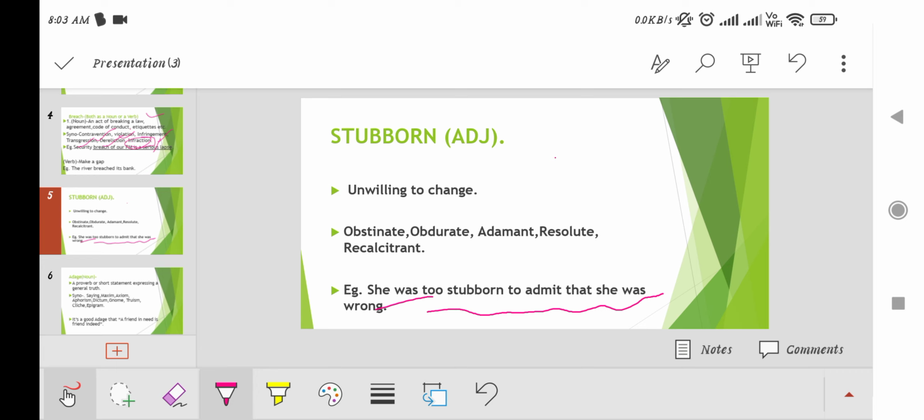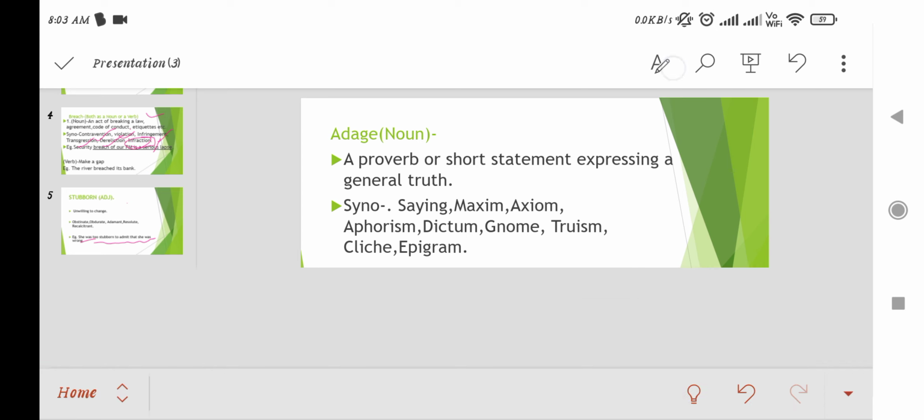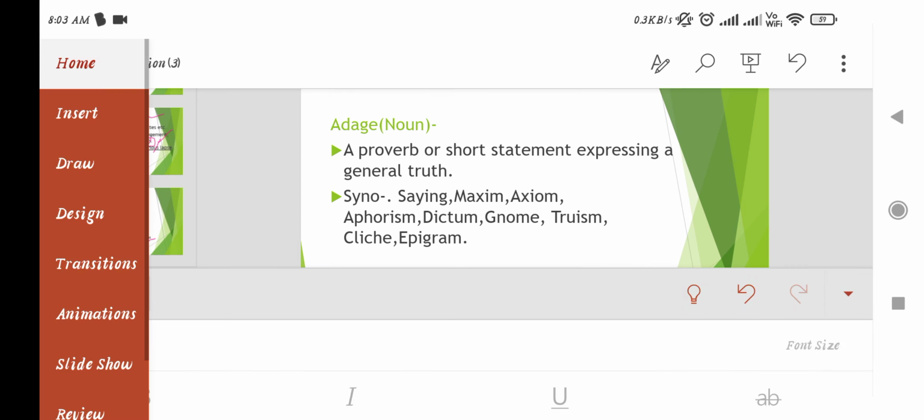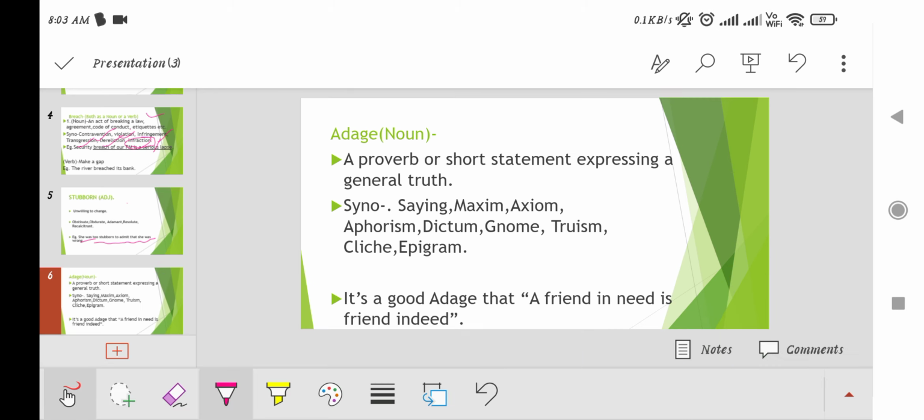So moving towards the next and the last, a very useful word in our daily life, and it's used regularly. What is adage?